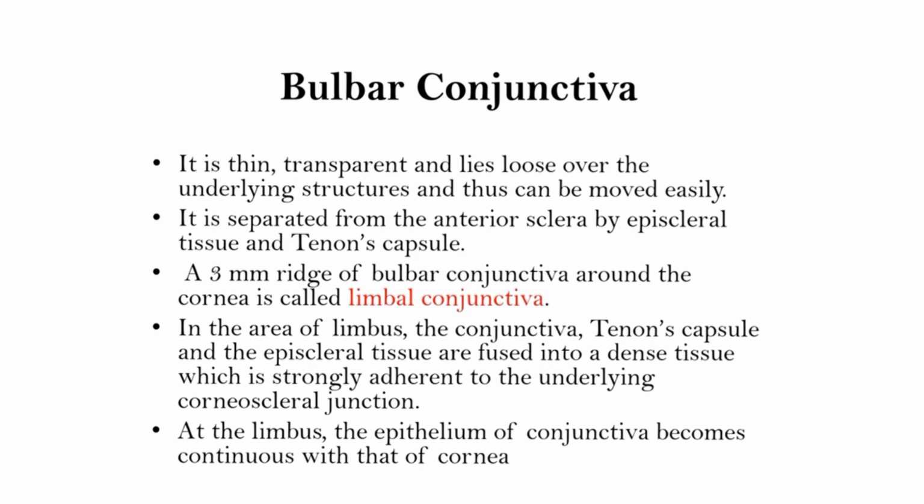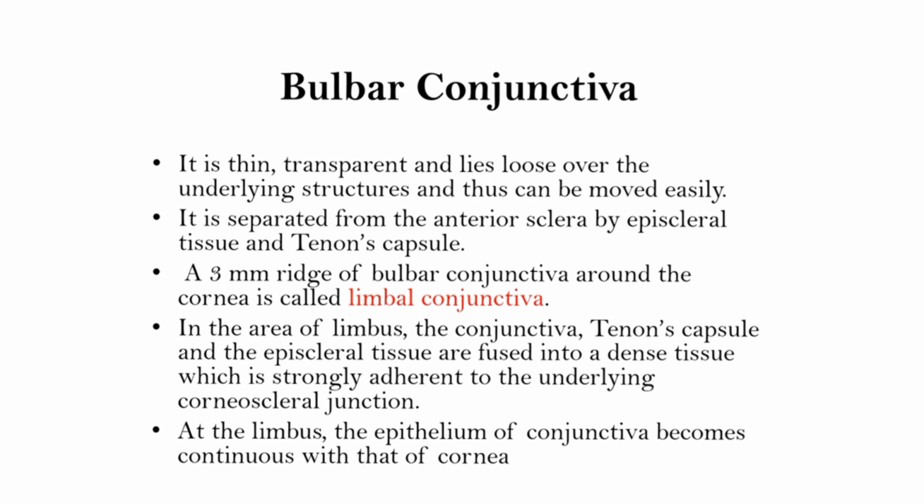Bulbar conjunctiva. It is thin, transparent, and lies loose over the underlying structures and thus can be moved easily. It is separated from the anterior sclera by episcleral tissue and Tenon's capsule. A 3 mm rim of the bulbar conjunctiva around the cornea is called the limbal conjunctiva.